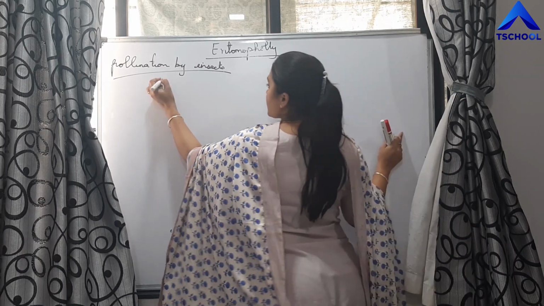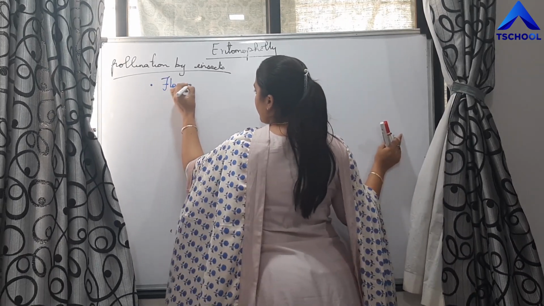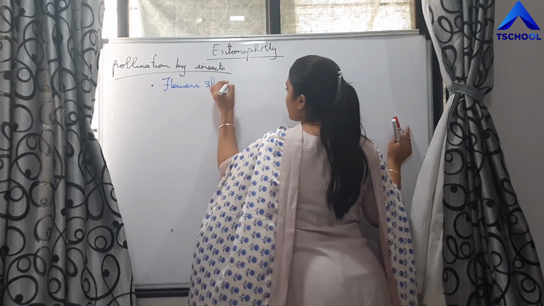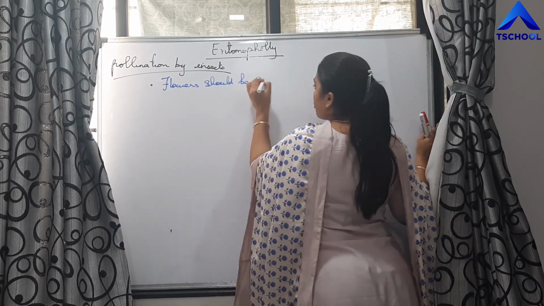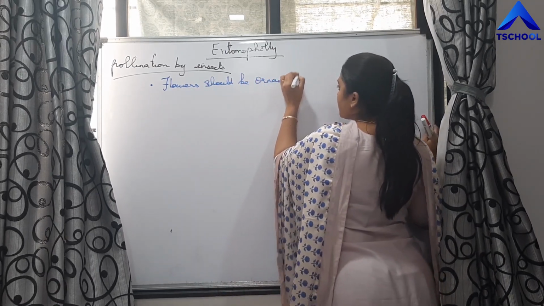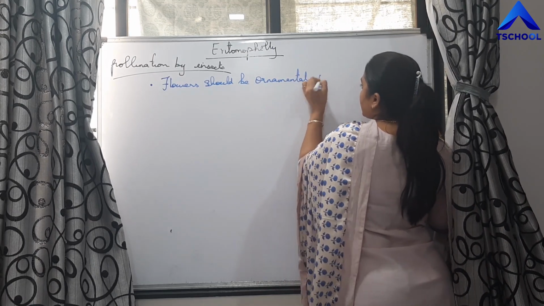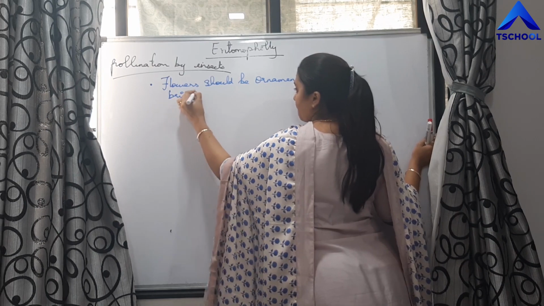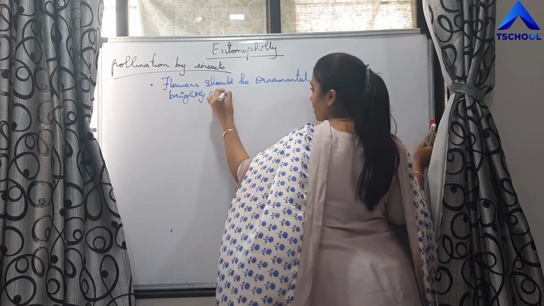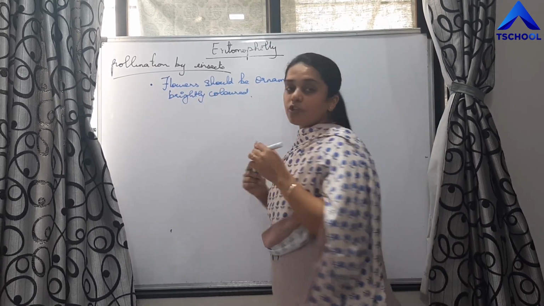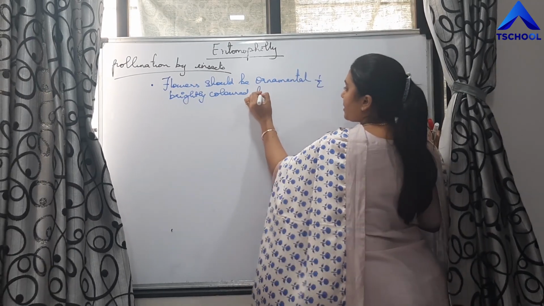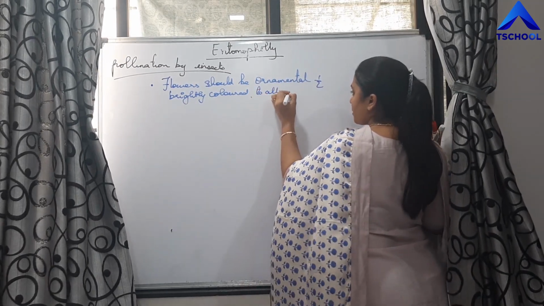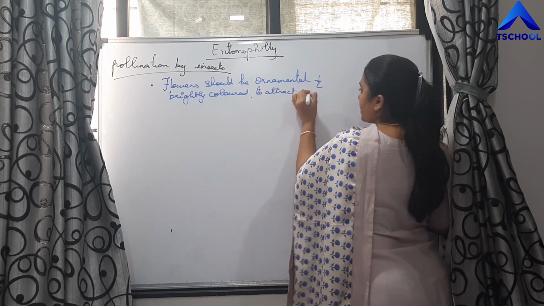So the flowers should be ornamental and brightly colored. Right? Flowers should be brightly colored and ornamental to attract insects.